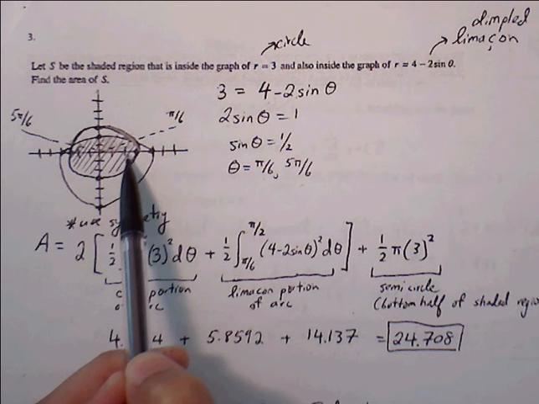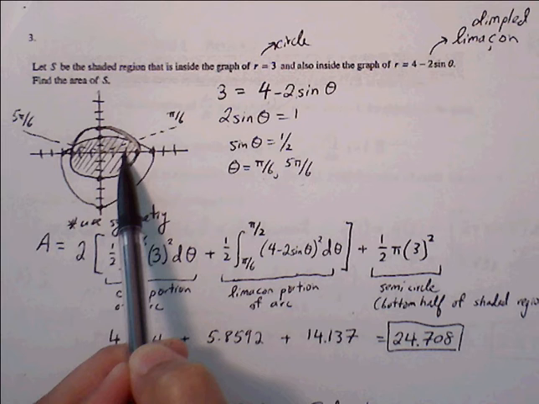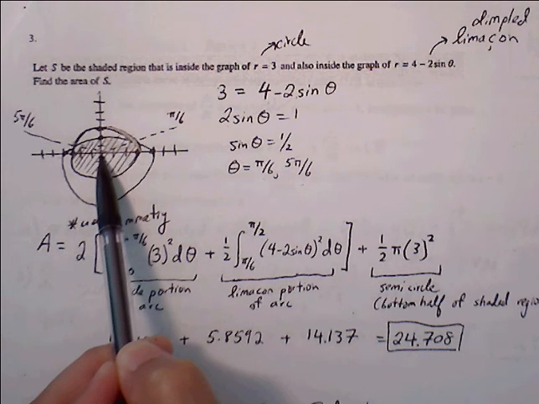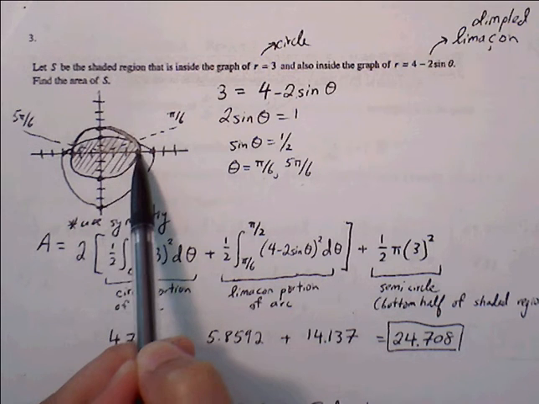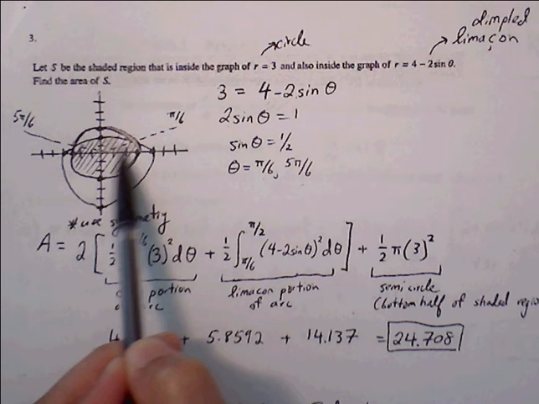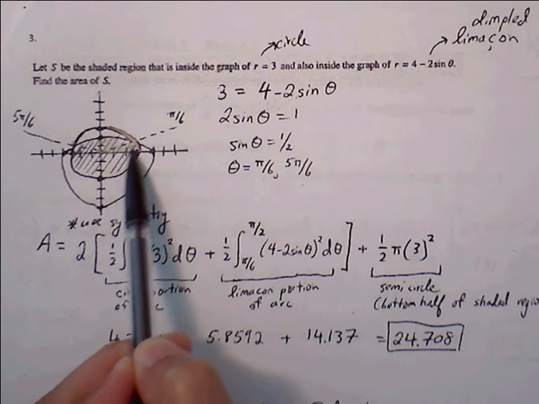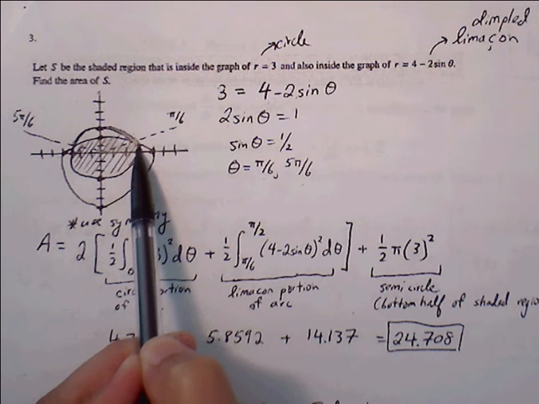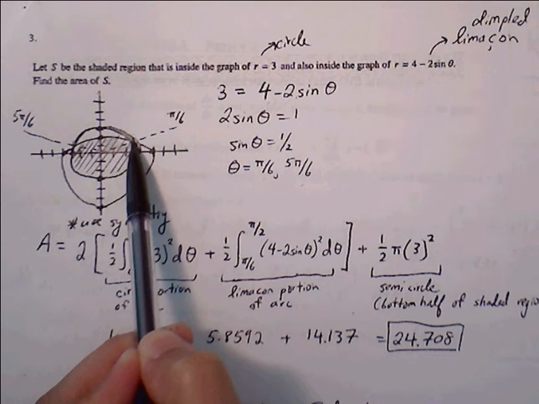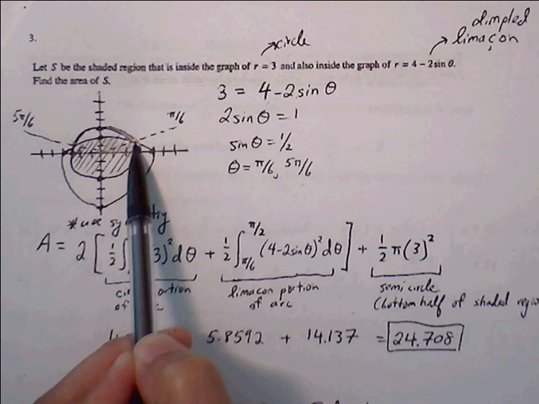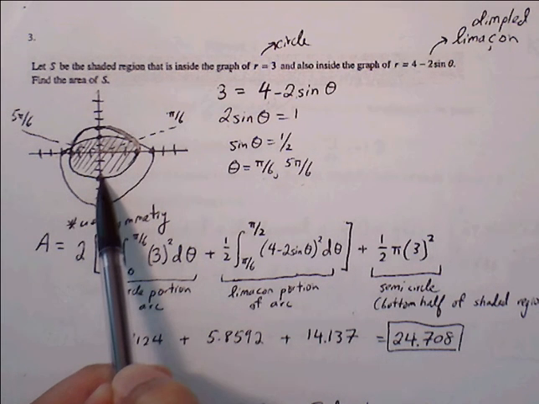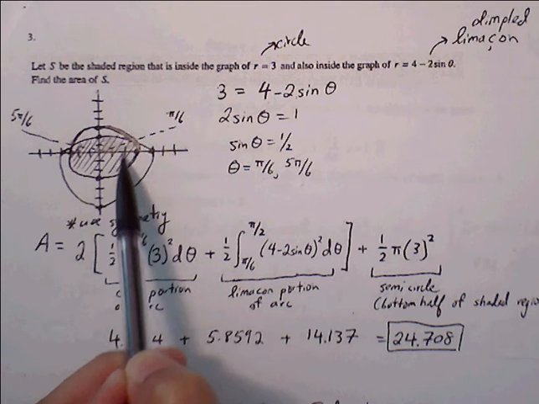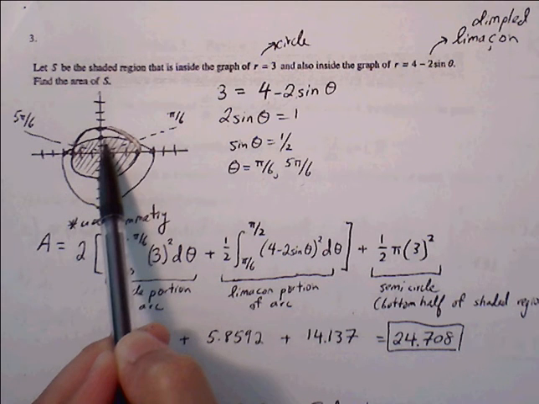If we're building sectors from the origin, we're starting at 0, and we're going to build these sectors using the circle as a boundary up until pi over 6. Once we get to pi over 6, the boundary is going to turn into the limaçon.